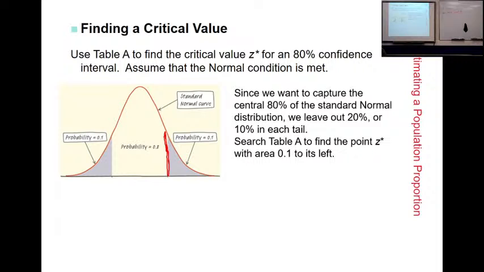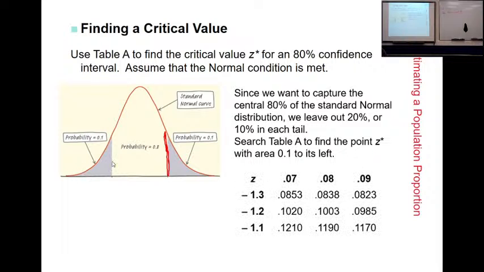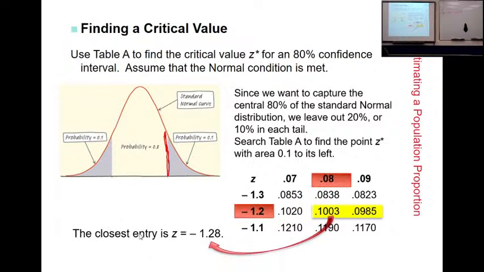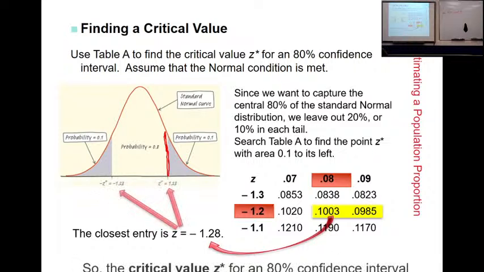Which means I want the 80% that's in the middle and the 10% that's in the left-hand tail, which means I want a total of 0.9. So your inverse norm should be 0.9. And it should be something close to -1 or to 1.28. We're going to use the positive. Critical value for an 80% confidence interval is going to be 1.28.